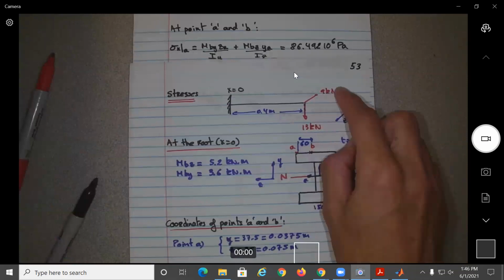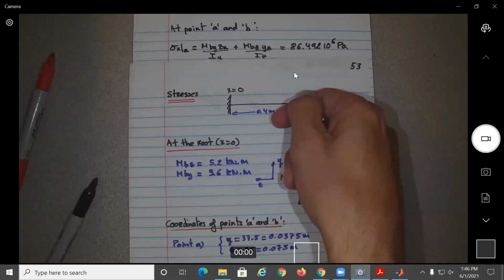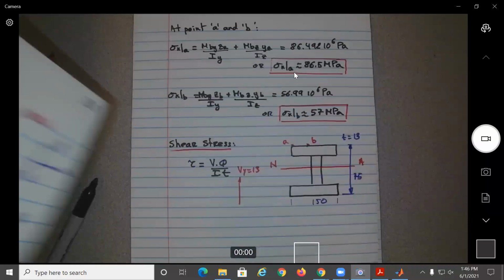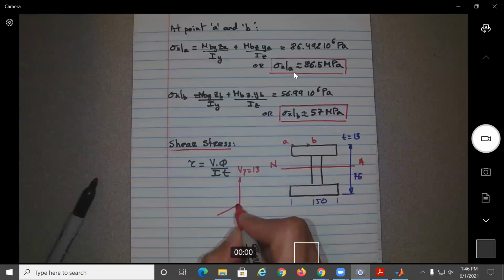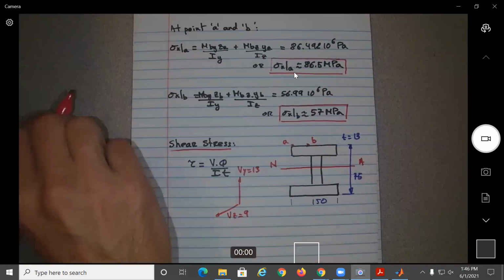So inside the structure is going to be a Vz going in the positive direction. So we'll have a Vz of 9.